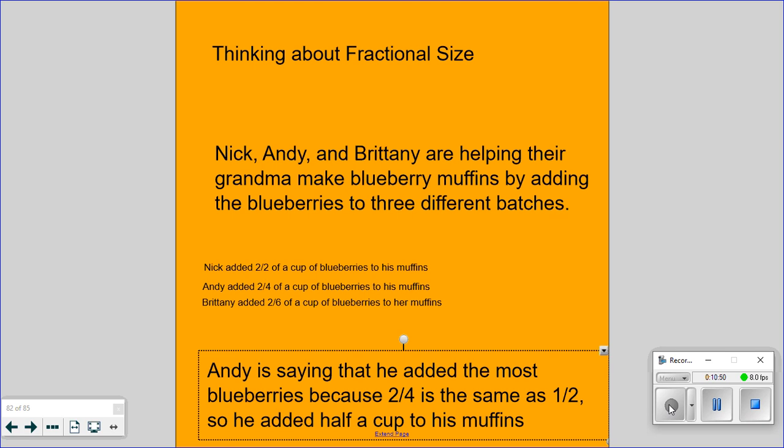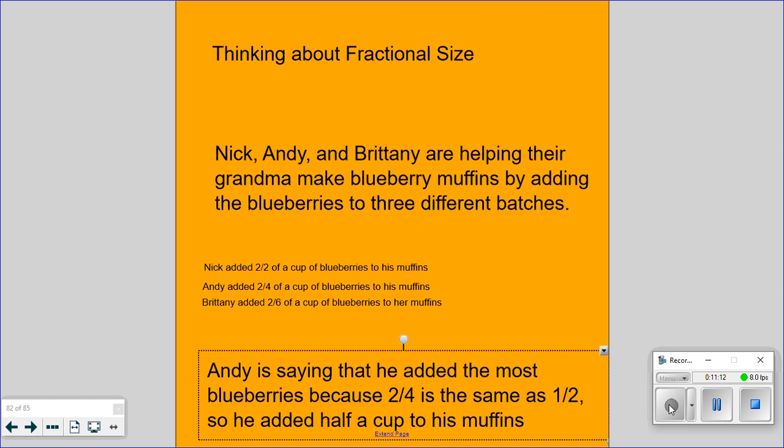I can say it's worth a whole, but how do I actually read what this says? 2/2. Emma said, okay, cool, Nick has 2/2. But Andy right now only has 1/2. Having 1/2 is less than 2/2.